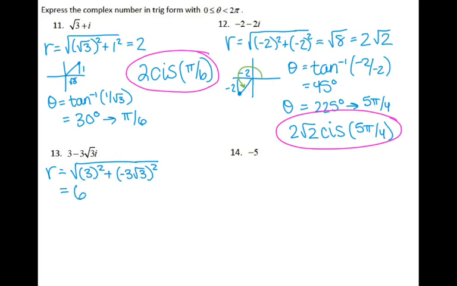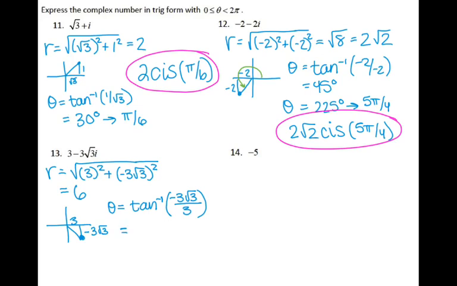And then for my theta, I'm going to graph it. Let's see, positive and negative, that puts me over here. So this side is 3. This side is negative 3 root 3. Going to do inverse tangent again. So negative 3 root 3 over 3.